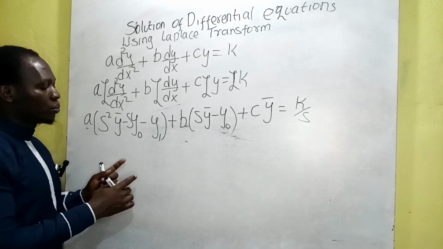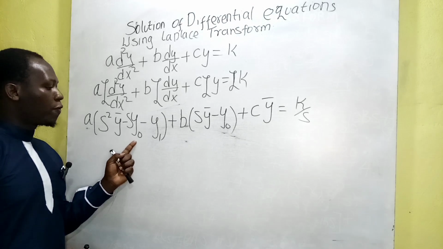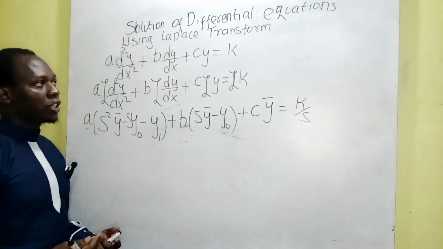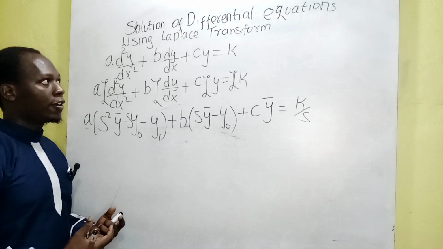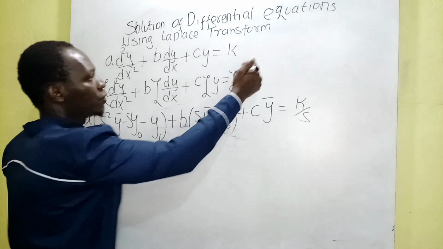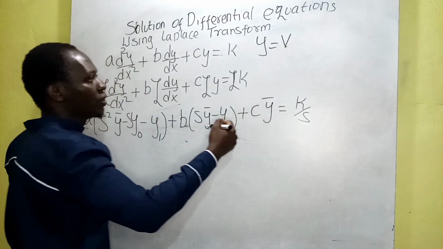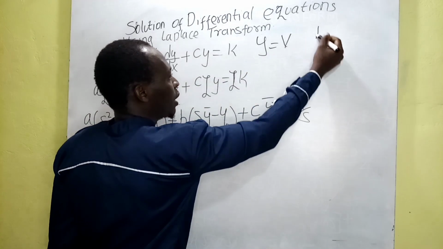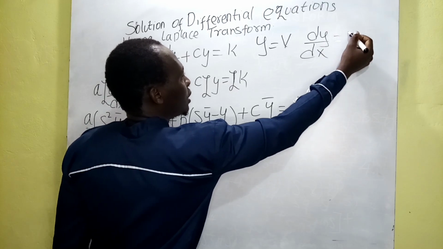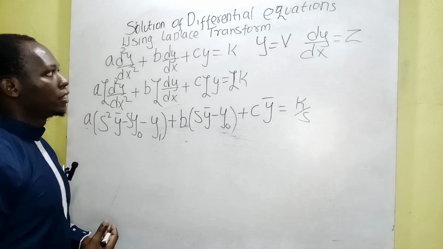From this point, what we need to understand is that the conditions of y and y1 are always given in the equation, whereby when you've been given a differential equation to solve using the Laplace transform, you will always find that y is equal to, let's say, v, and you will also find dy with respect to dx is equal to, let's say, z, because here we are doing our derivative.